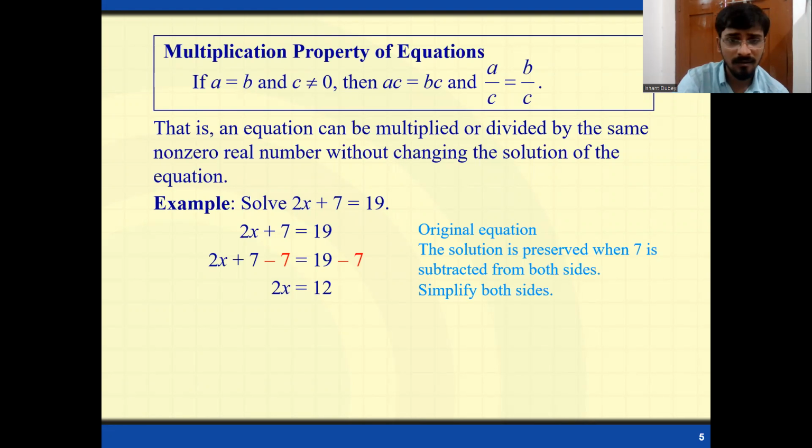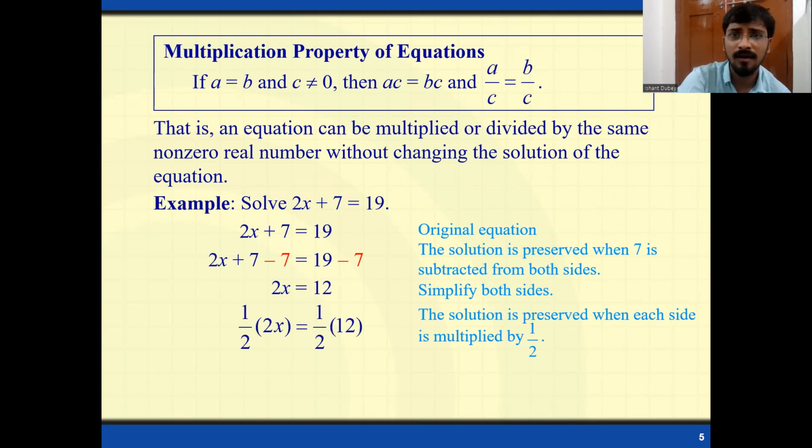Now we have the coefficient 2 with x. 2 is a multiplier of x, and because we need only the x value, 2 is an extra. So we are going to divide both sides by 2.